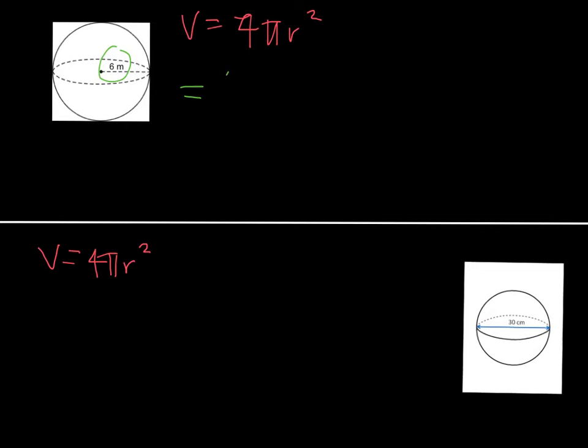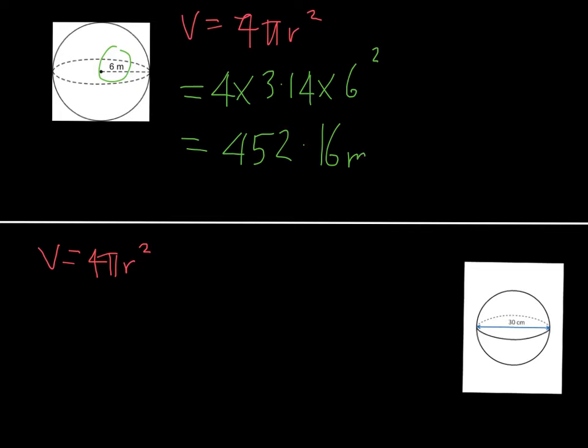So the surface area is going to be equal to 4 times pi times the radius squared, which is 4 times 3.14 times 6 times 6, which is equal to 452.16. It is meters, and because we are working with surface area, the part that you would feel or paint or touch, squared. Surface area is a square unit of measure.